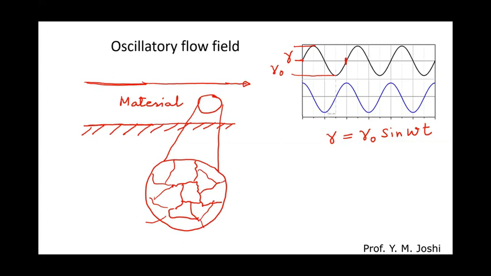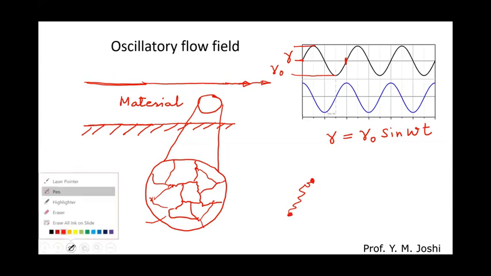It can be a covalently bonded network, or it can be a physically bonded network. Now, if I move the top plate to such an extent that this network gets stretched, let's say in the limit of equilibrium, these are the two junction points. Let me represent junction points by some other color.